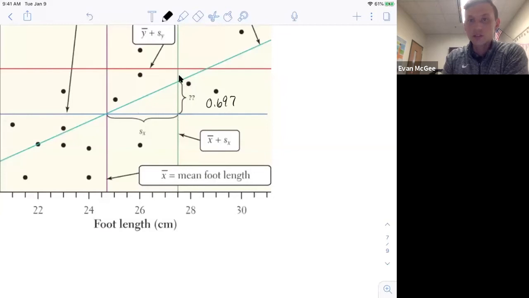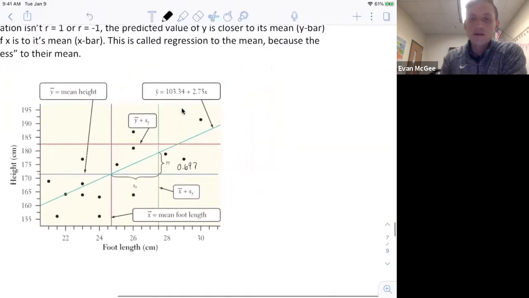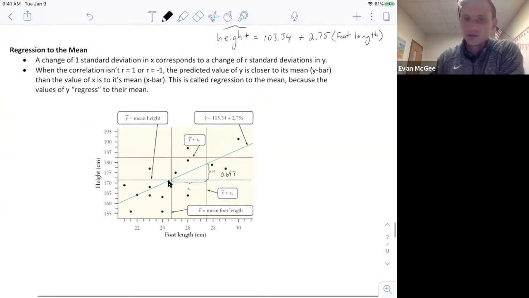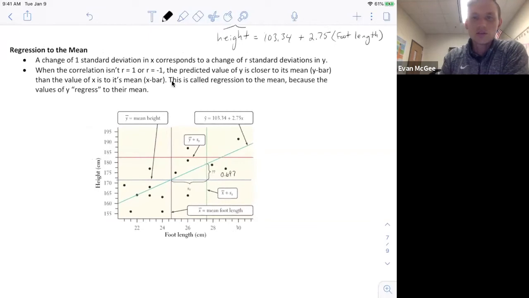It's not a full standard deviation, it is 0.697 standard deviations. So we call this regression to the mean because the change in y is only changing by the correlation, and it's not changing as much as it does in terms of x. You can see here, it's called regression to the mean because the values of y regress to their mean.